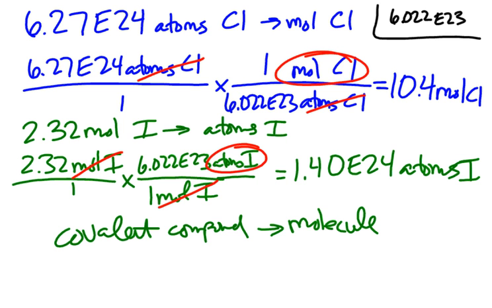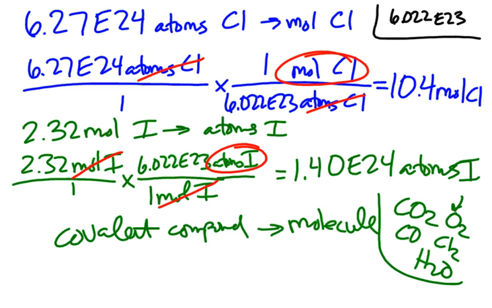An example of that would be CO2, O2, carbon monoxide CO, Cl2, H2O. Those are all covalent compounds, or in this case, O2 is just a molecule. It's an element, okay? But they're all molecules.